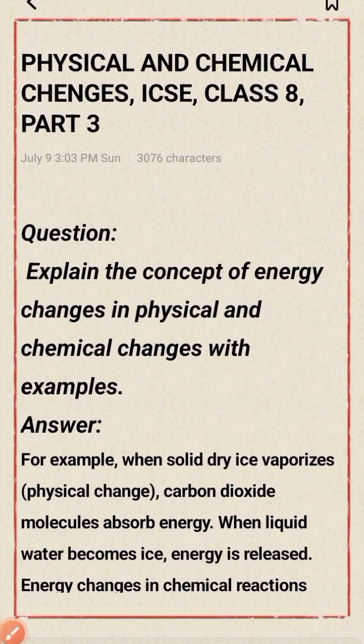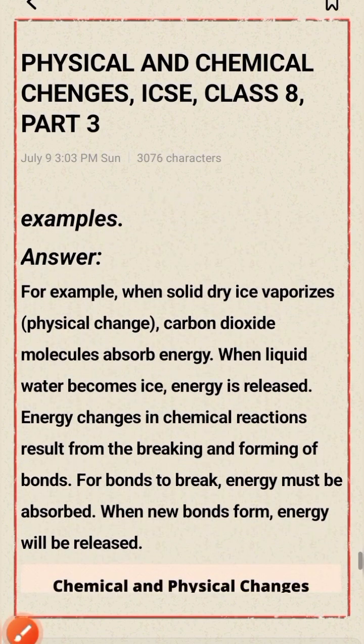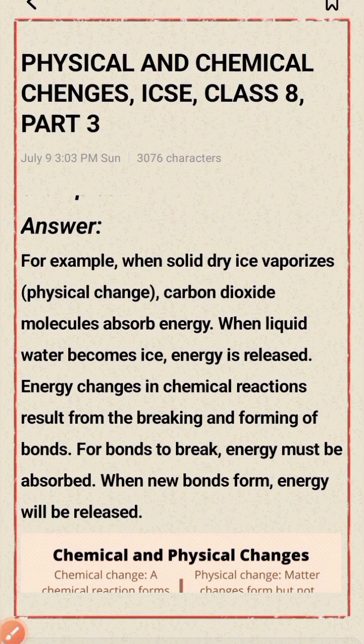Okay, explain the concept of energy changes in physical and chemical changes with examples. For example, when solid dry ice evaporates, a physical change, carbon dioxide molecules absorb energy. When liquid water becomes ice, energy is released. The energy change in a chemical reaction results from breaking and forming of bonds. For a bond to break, energy must be absorbed.